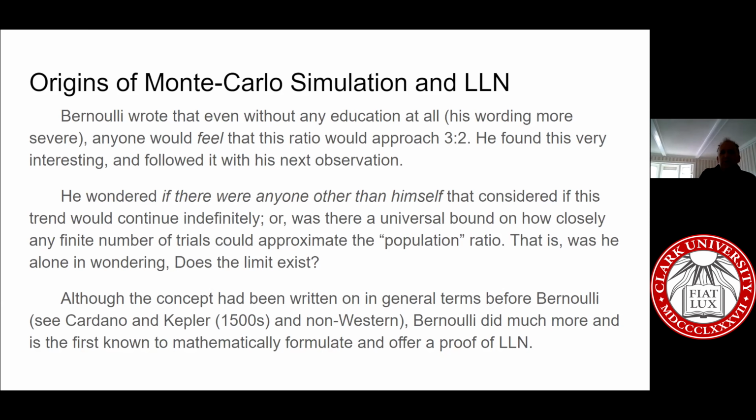Although the concept of the law of large numbers was written on in the 1500s by Cardano and Kepler, and maybe non-Western mathematicians, Bernoulli did more than anyone. He really formulated it mathematically, and he did a proof of it. His proof is very long.